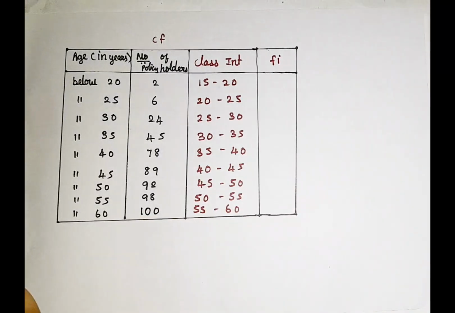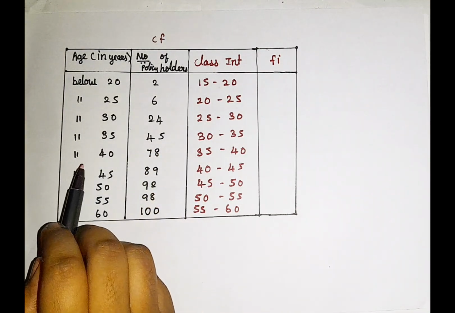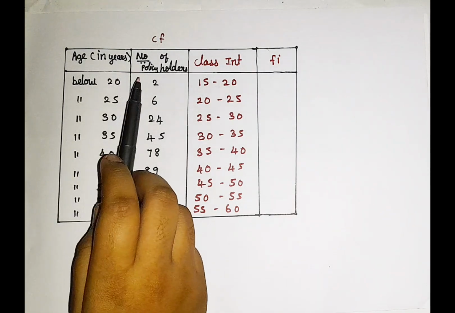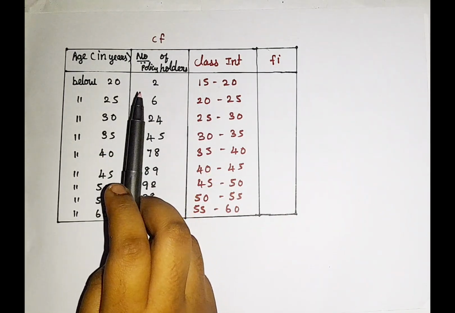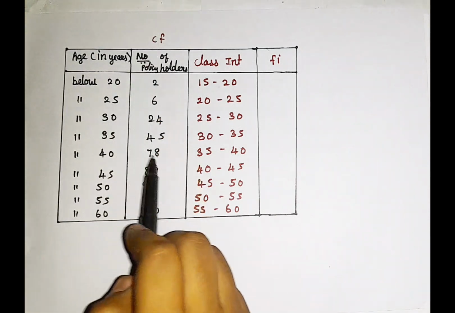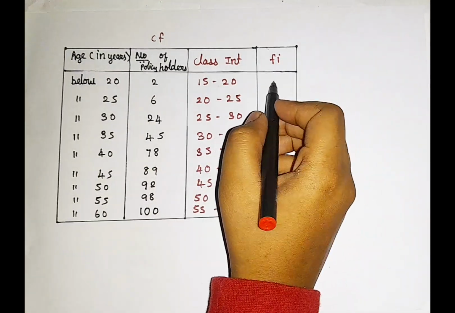Now here is another question for you guys. To find the cumulative frequency, in the previous questions, we usually wrote the first number of frequency as it is, and then we used to add the numbers, isn't it? Since here they had already mentioned the cumulative frequency, I am going to write the first number as it is.